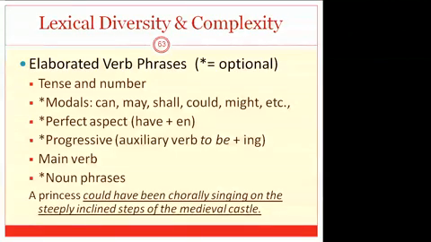That is a sentence that has simple sentence structure. However, it has a very elaborated verb phrase. And the selection of words in that verb phrase gives us an insight into the command of the vocabulary that student has.